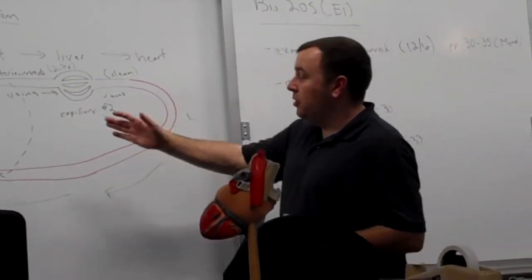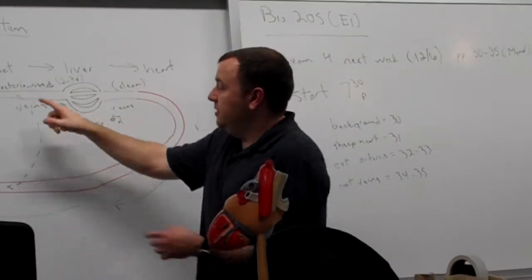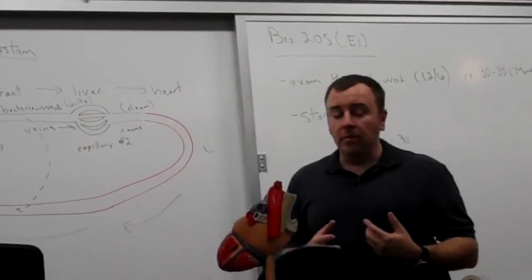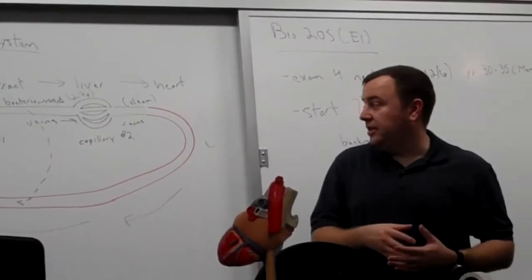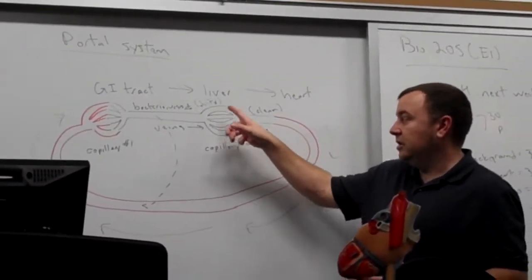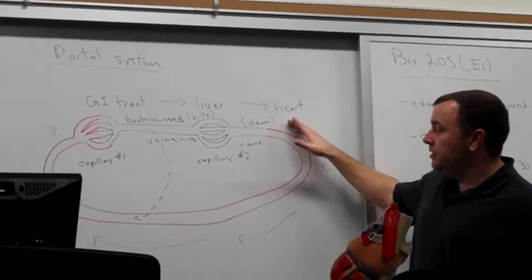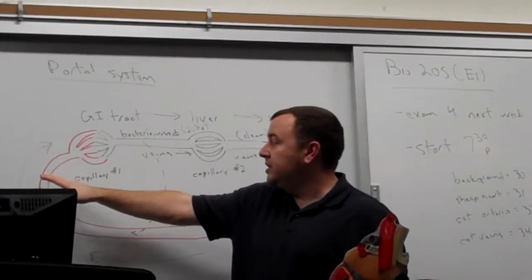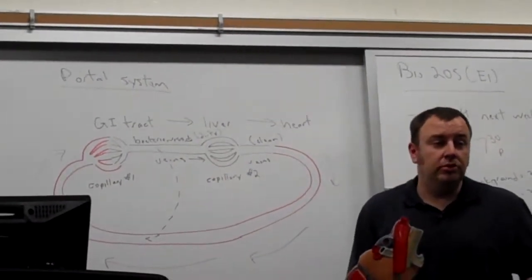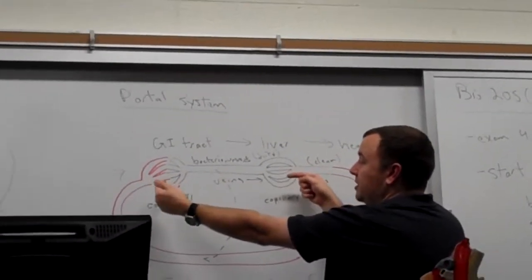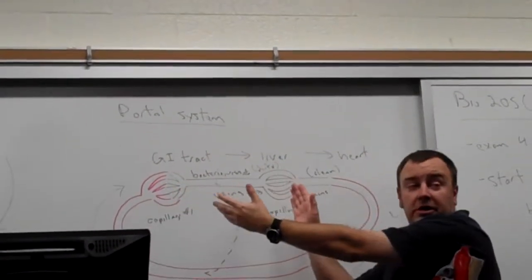The thing is, this portal vein, so in this case, this segment would be the portal vein in the cat. The problem is with the latex that they inject into cats, it actually can't cross a capillary bed. So what they can do is they can inject on the arterial side, and they can inject on the venous side, but you won't see any blue latex in the portal system, because even if you come at the system from both directions, you have a capillary bed on either side.